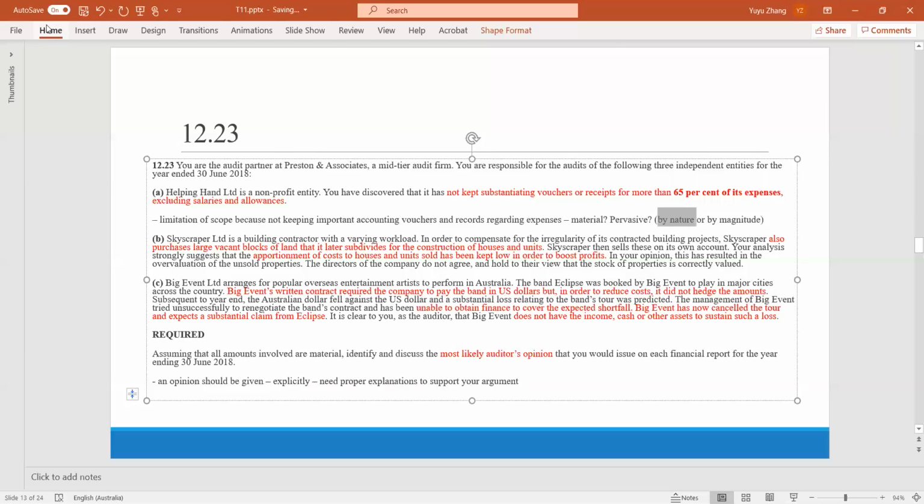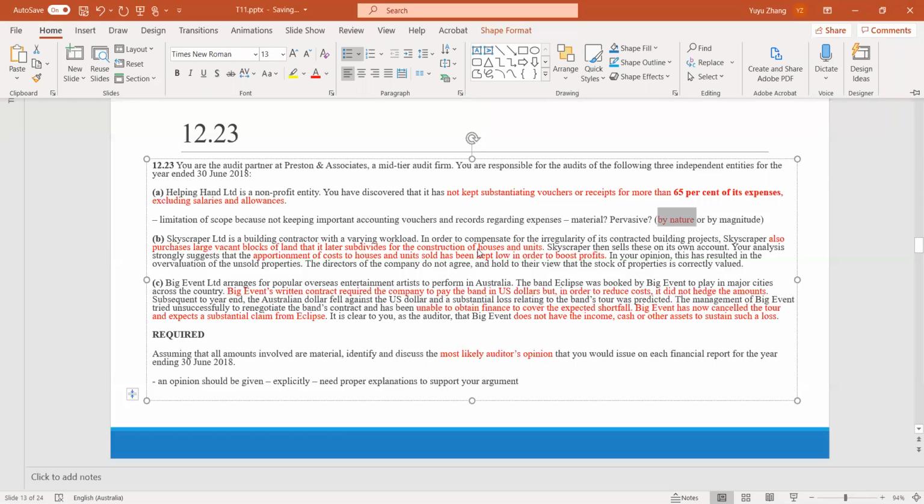Now we could also have a look at the nature of the business. This business is a non-for-profit organization. So what is non-for-profit? Yearly, their revenue is from grants, from donations. So their main business activity is actually attracting the grants, attracting donations, but allocating those resources to different expense items, right?